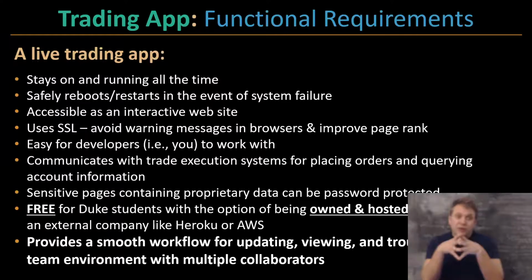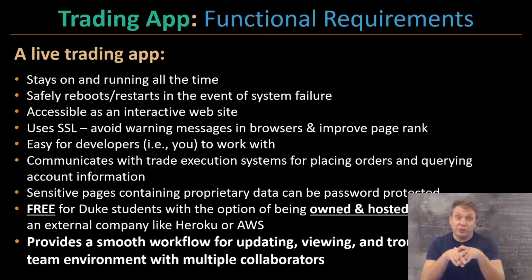And finally, I want to provide a really smooth workflow for updating and viewing and troubleshooting in a team environment with multiple collaborators, and getting this app up and running and the best it can be. Because the worst thing that can happen in a big development project is, say you fix a problem but it breaks something else, and then you fix that something else but it breaks the first thing that you tried to work on, and you wind up chasing your tail for weeks.